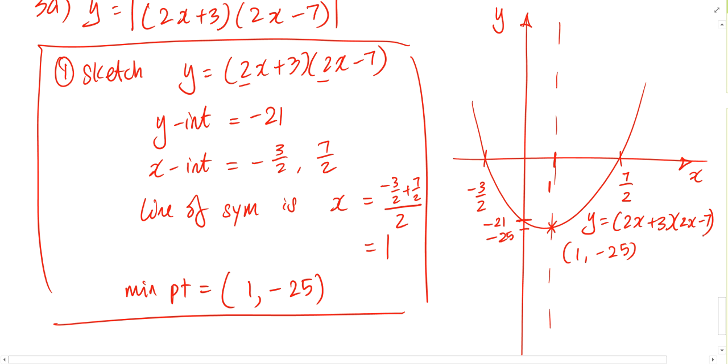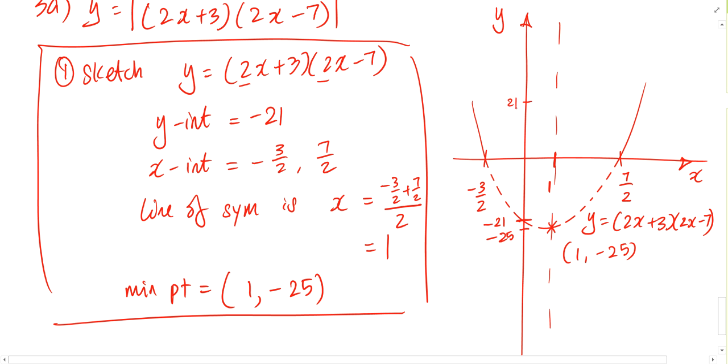Since there is a modulus function, all the negative portions will now be reflected upwards. So I'm going to now erase, or rather dot, my negative portion of the graph. So this portion ceases to exist. And now I'm going to reflect it upwards. What do you think is now the y-intercept when reflected upwards? 21. From negative 21 it becomes 21.